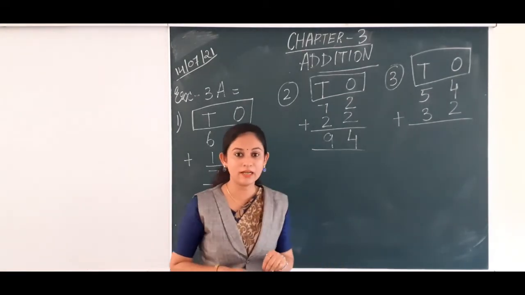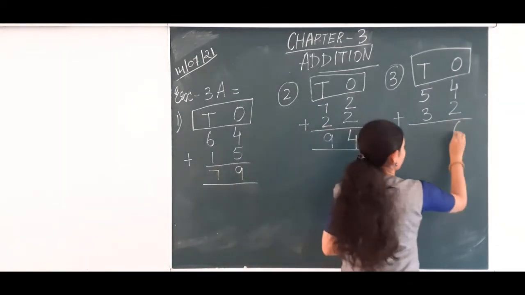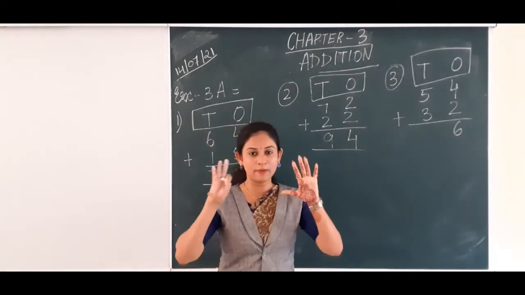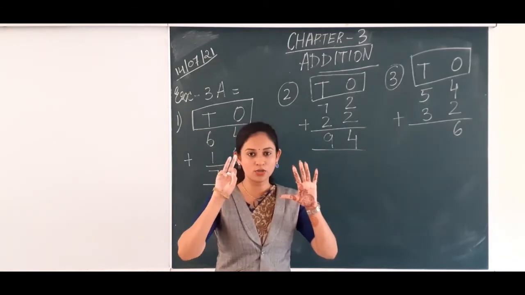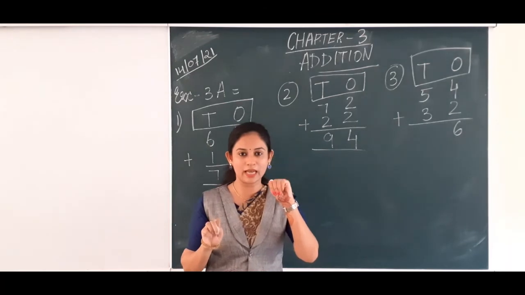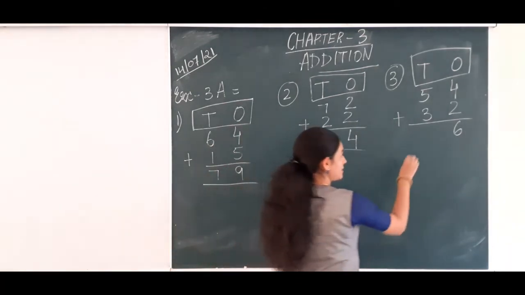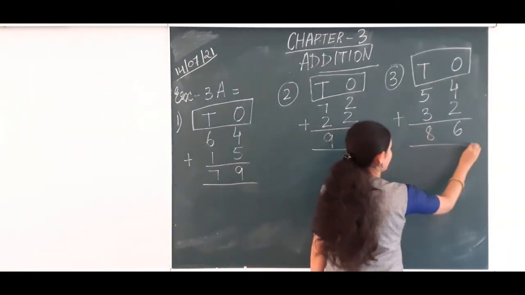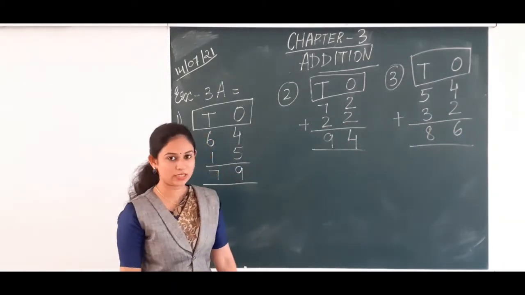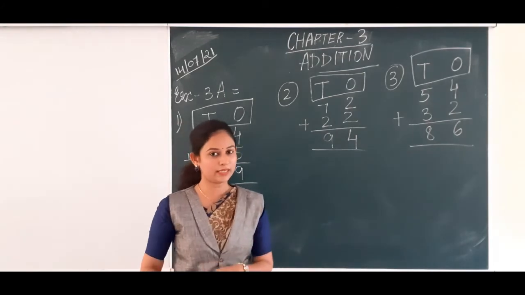You got the answer 6. Then 5 plus 3: 1, 2, 3, 4, 5, 6, 7, 8. Got the answer as 8. This is addition of two-digit numbers without carrying.